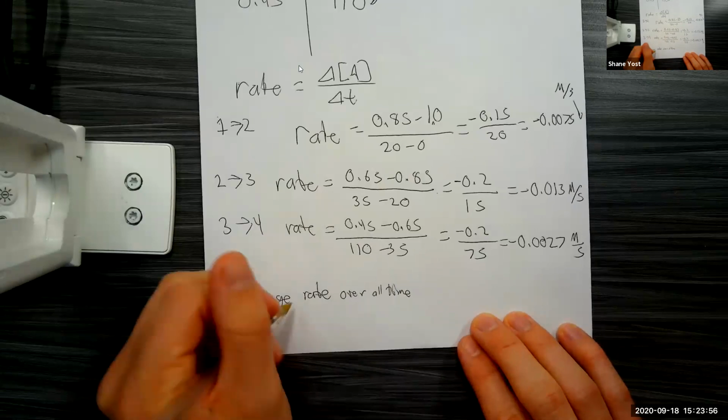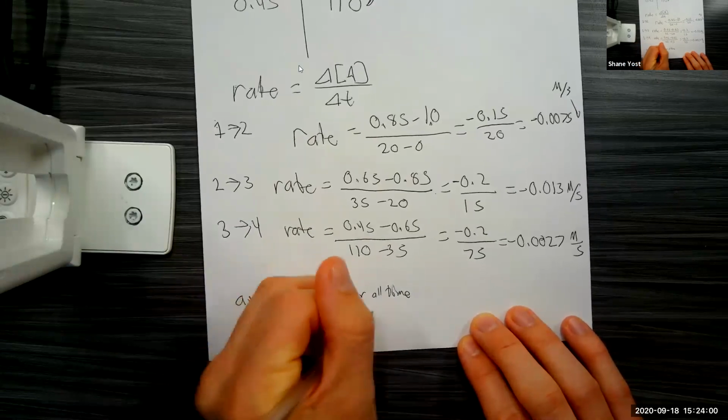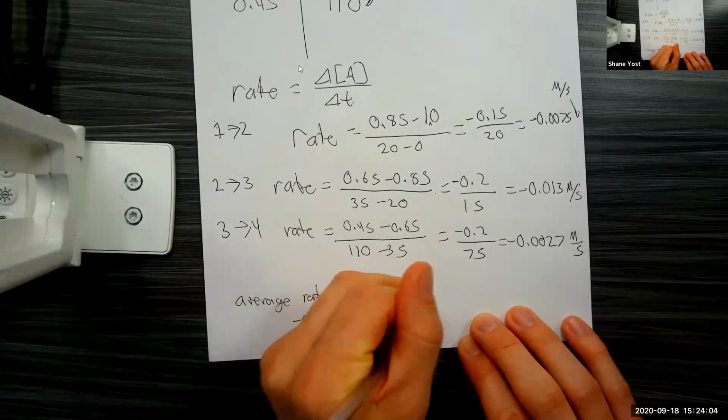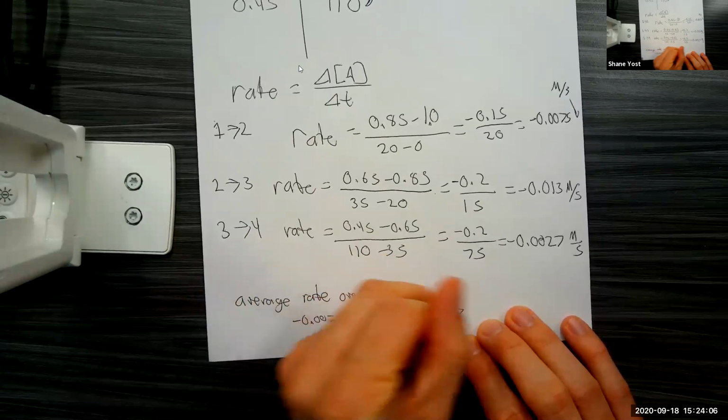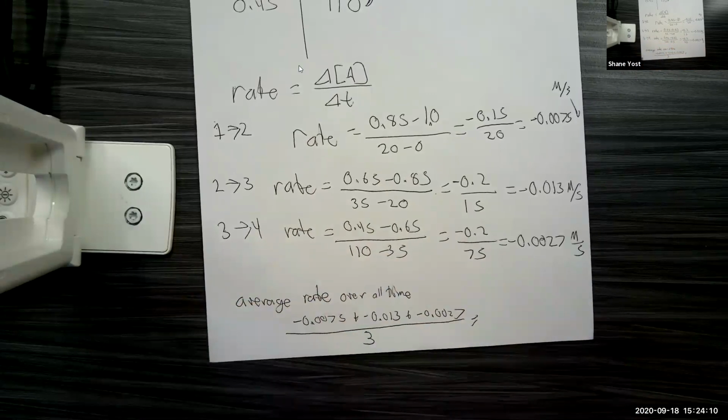That would just be minus 0.0075 plus negative 0.013 plus negative 0.0027, all divided by 3, right? Literally the average of those three numbers.